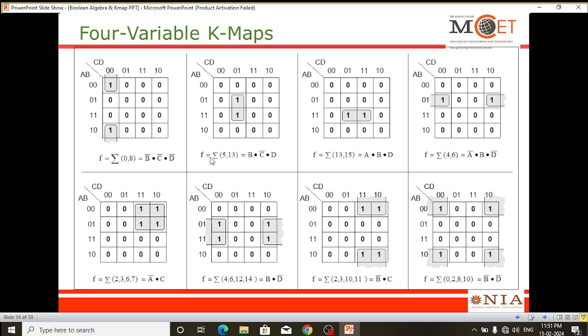This is an example function: sigma 0, 8 means in the K-map, for minterm M0 you substitute 1, then for M8 you substitute 1, then you simplify and get the answer.